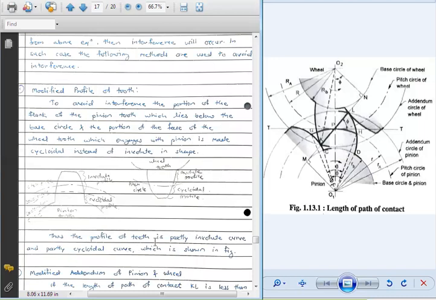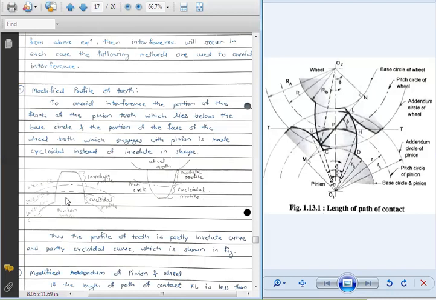Thus, the profile of the teeth is partly an involute curve and partly a cycloidal curve, as shown in the figure. So by doing this, we can avoid the interference. Are you getting me? It means we are going to manufacture two different profiles on a single gear tooth. But that has one condition.